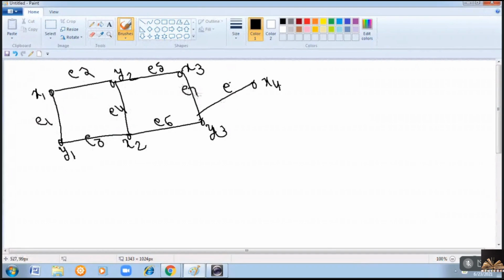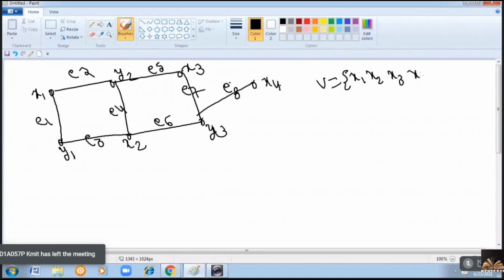Now let us check whether this given graph is a bipartite graph or not. So bipartite graph means what? How many vertices we have? Let me write the set of vertices: x1, x2, x3, x4, y1, y2, y3.